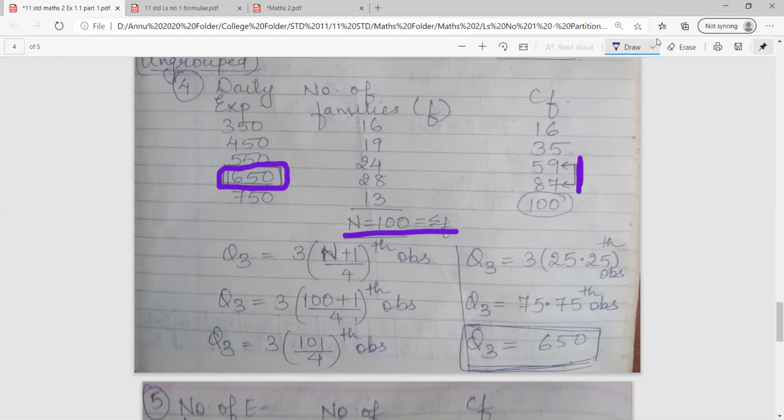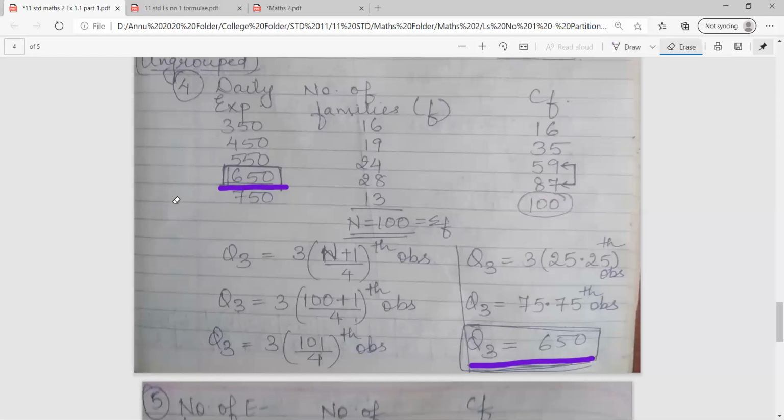Because they told us to find the value of daily expenditure, correct? So 59 is too small, then 75. So we will take 87, which is close to 75.75, and in the daily expenditure column X, you have the value 650. So that is the final answer for Q3. So we can say the value of Q3 is equal to 650.